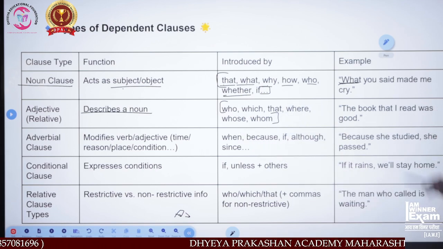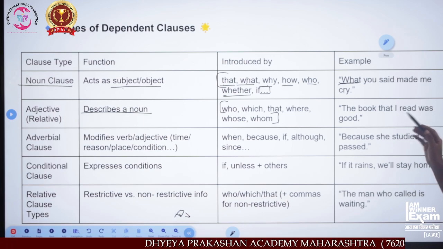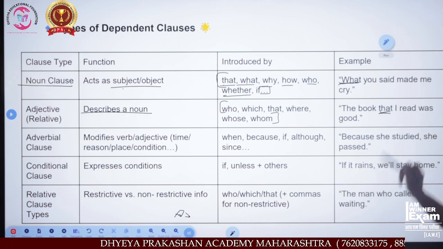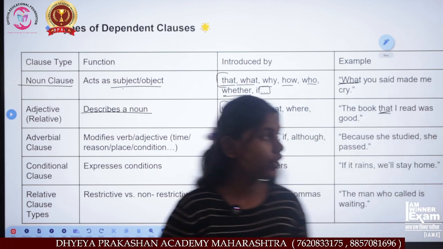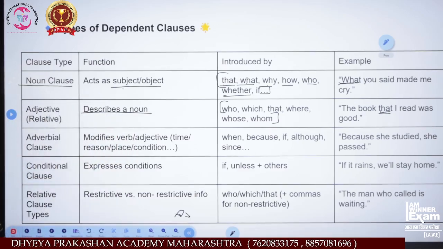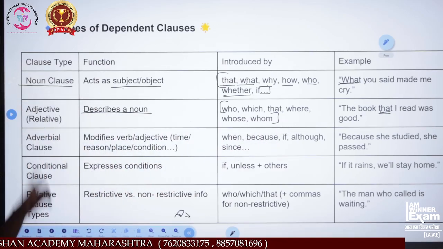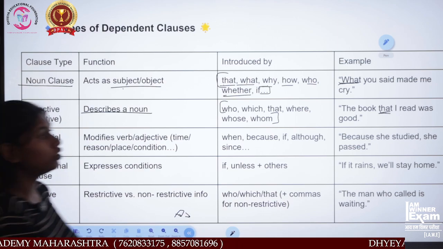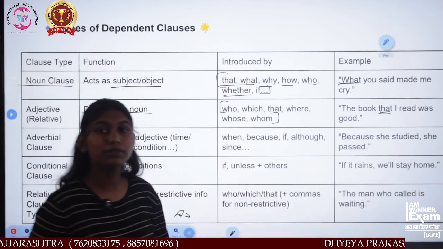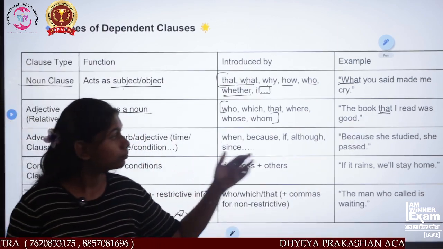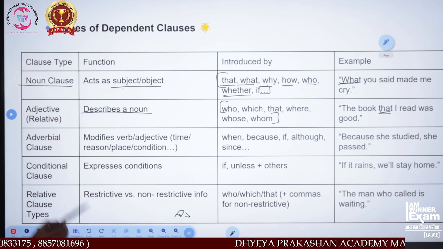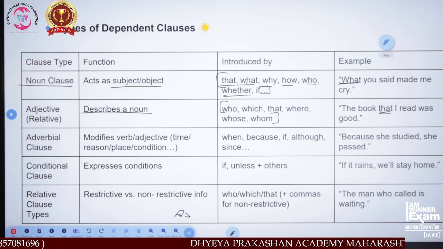For example, the book that I read was good. Here the word that came, so it is an adjective or relative clause.